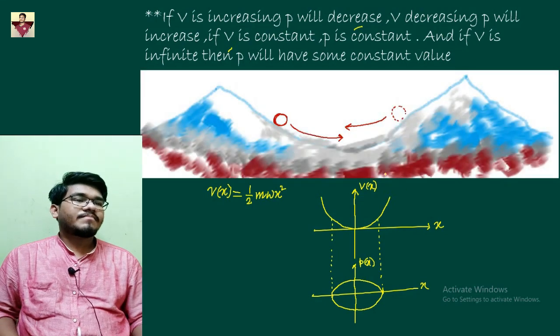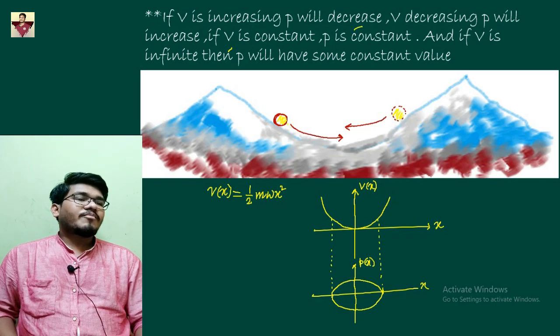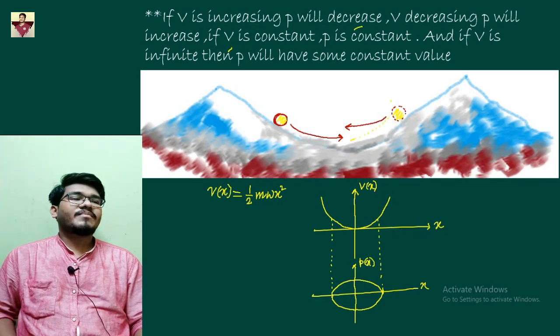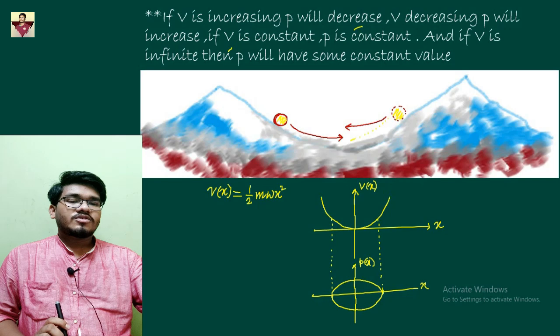Let's say you have some hilly region, and a ball is stuck between two hills. Here is my ball. As the ball moves up from this point to that point, your potential energy increases, but the velocity of this ball will decrease, which means your momentum will decrease.